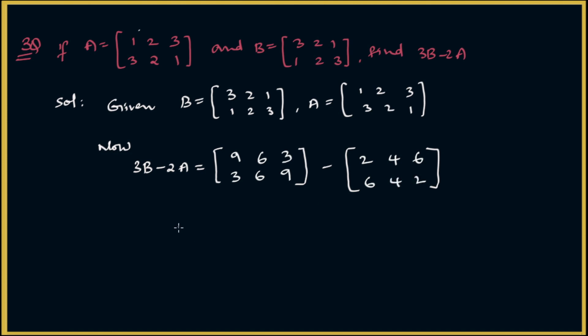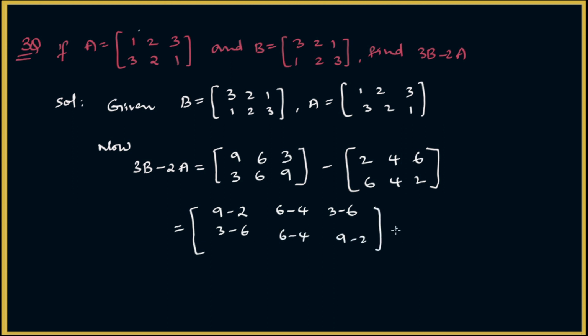Now subtraction of two matrices. Subtraction of two matrices means we have to subtract the first element from the first of B, second from second, like that. So 9 minus 2, 6 minus 4, 3 minus 6, 3 minus 6, 6 minus 4, finally 9 minus 2.